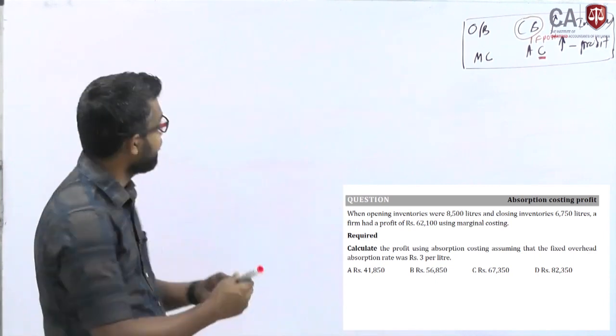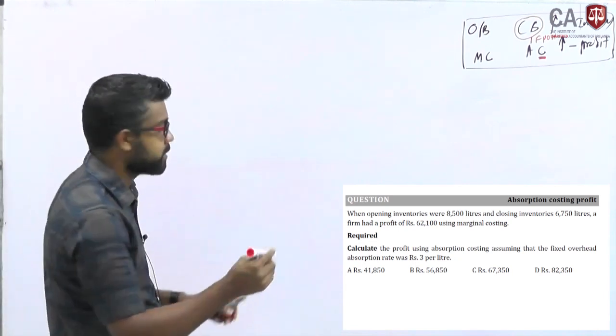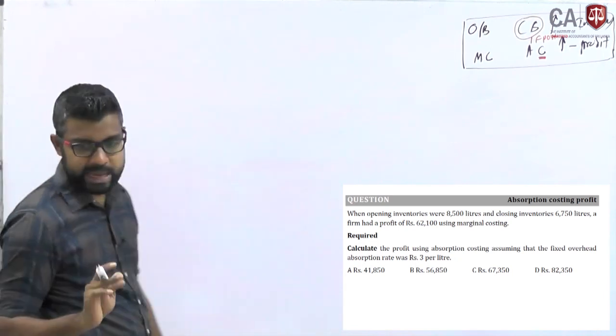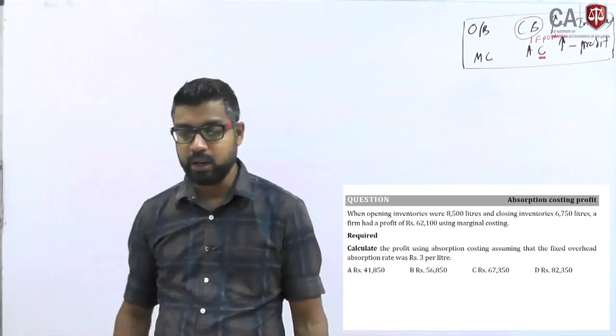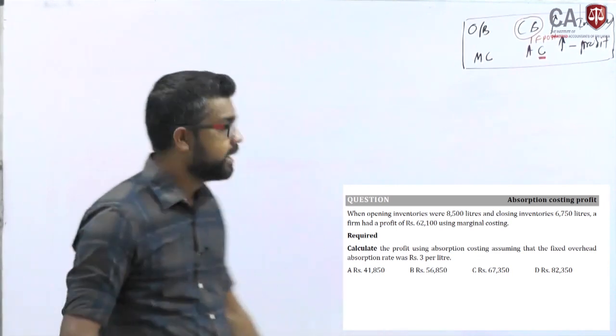Right? Here, look at this. What are the information they have given? Opening inventory they have given, closing inventory they have given, right?